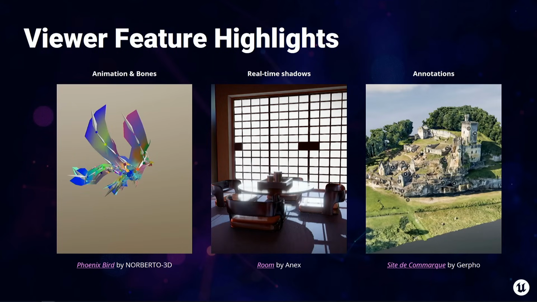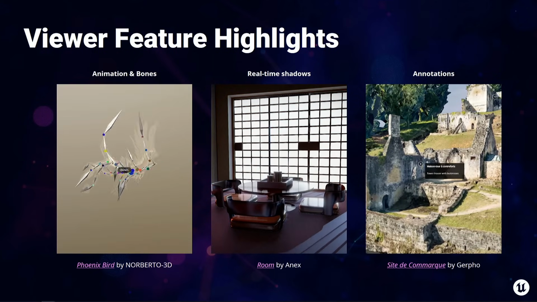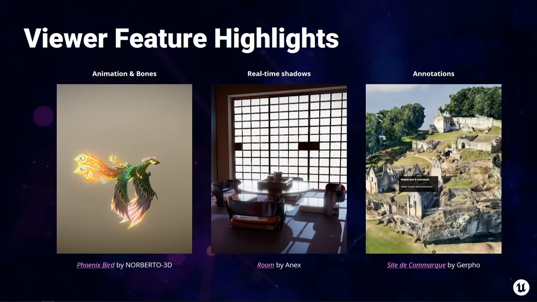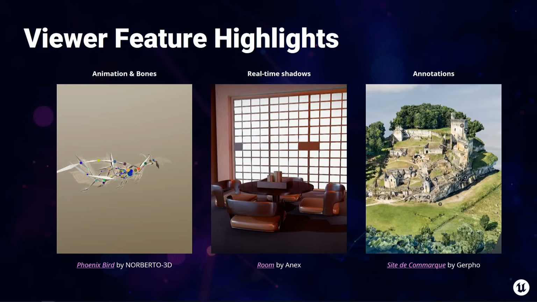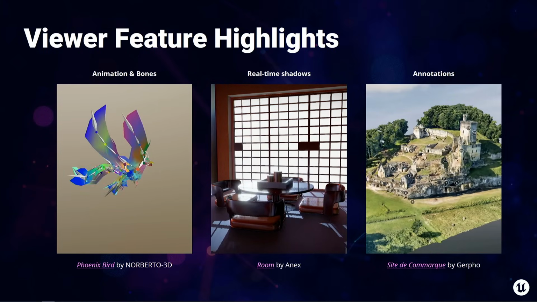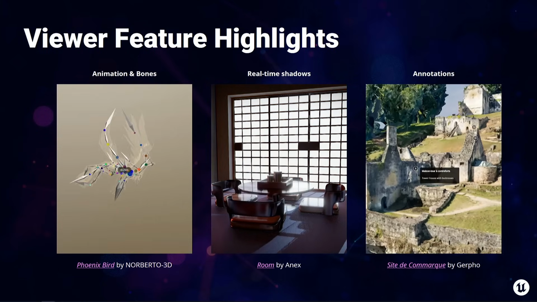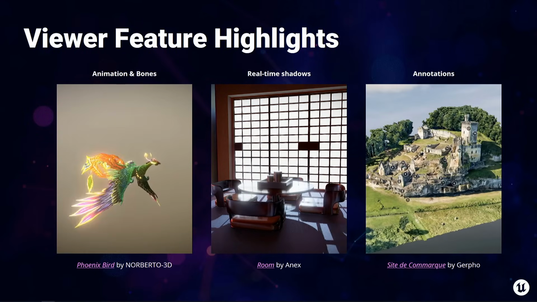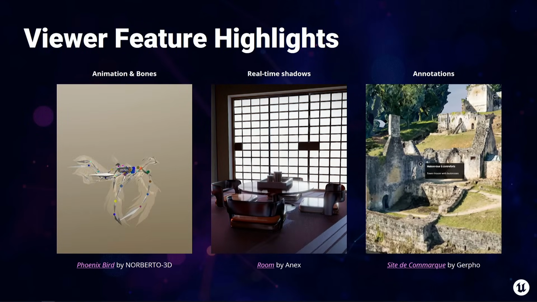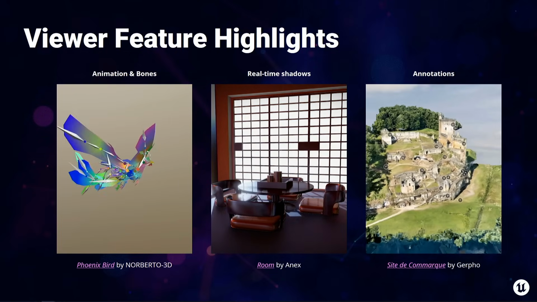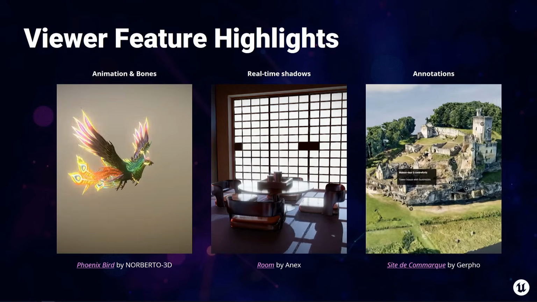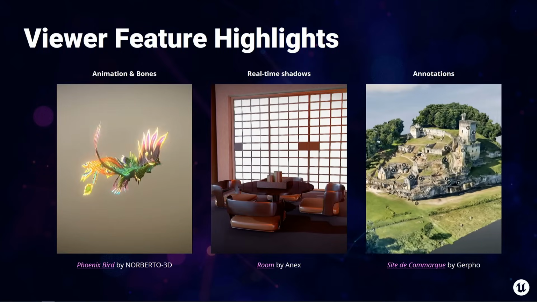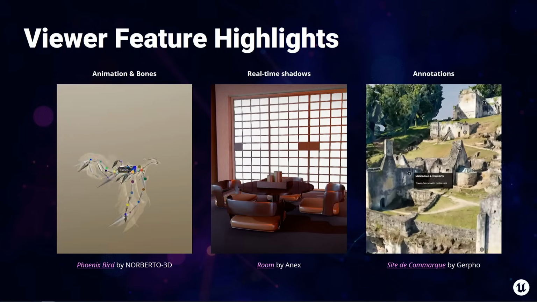You can use them to show people the particular views of your scene or your model that you want them to see, or to provide additional contextual information about something, or to link out to another page or to another model, or to just show an image of the thing in real life so that they can see how close it is to the 3D scan, for instance, in this case.